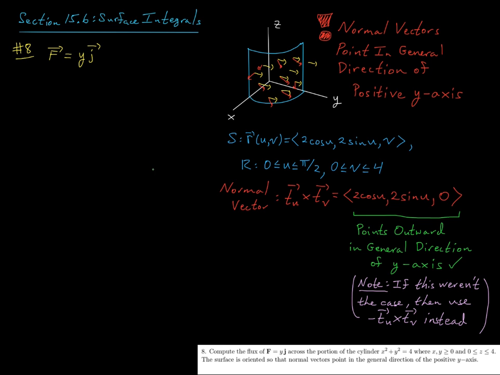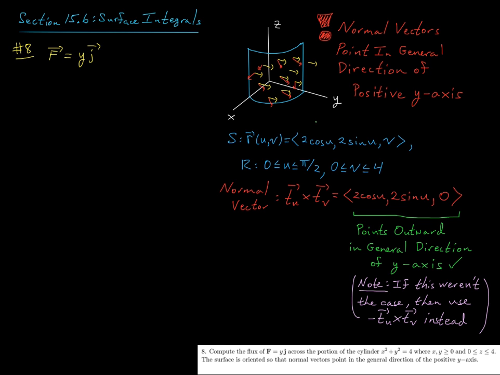Or put another way, if you were to compute the flux integral with the orientation where normal vectors point in the direction of the positive y-axis versus the flux integral with the orientation where normal vectors point in the general direction of the negative y-axis, those two values will be equal but opposite.